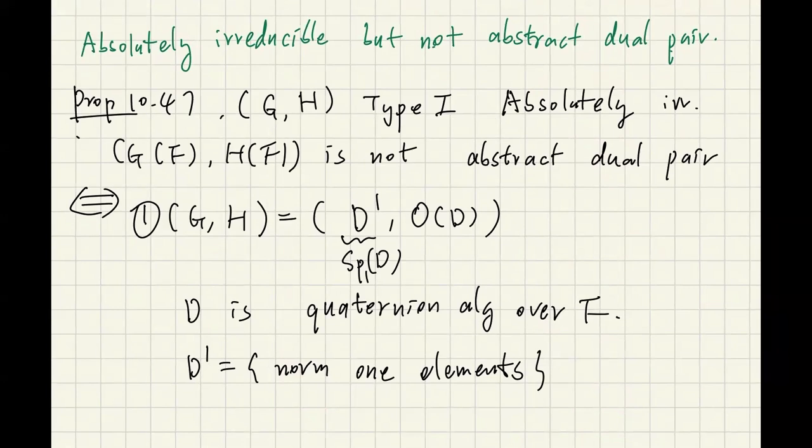This does not exist for the finite field. It only exists for the local fields, R and a p-adic field. For each such field, you will have a unique quaternion algebra over this field, and we call it D. The norm-one elements D1 can be viewed as the algebraic group SP1(D).